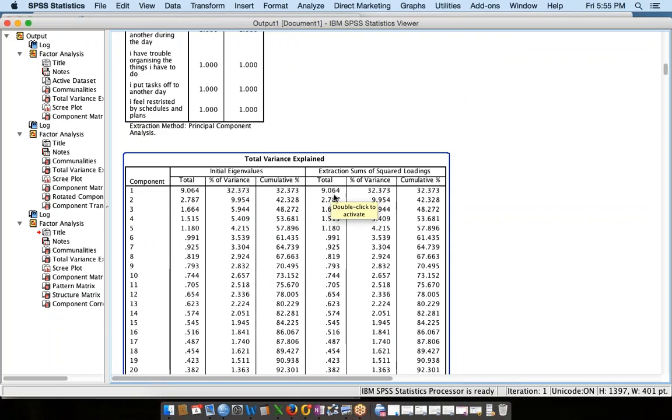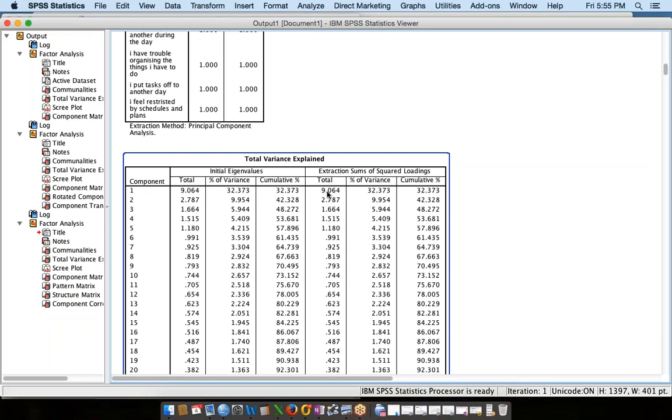But you may not have chosen what I chose, and you may come up with something different. But typically, you probably would have come up with 3 to 5, probably 4 or 5. 4 seems to have a really good meaning, but you can also check by running 5 factors and seeing if that doesn't get rid of some of the problematic items into another factor.